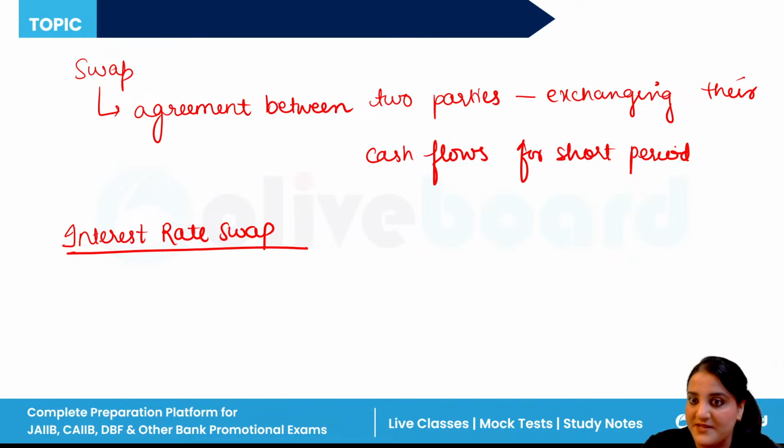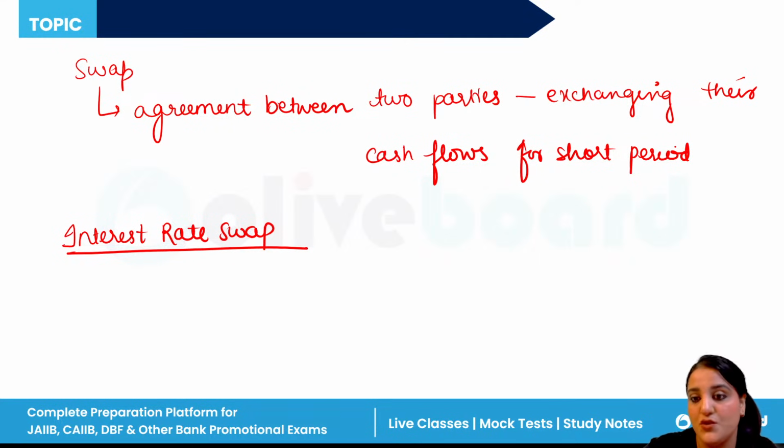There is no principal exchange, only the interest difference. It is generally used to hedge interest rate risk. Suppose a company is paying a floating rate but wants a fixed rate, so it will enter this interest rate swap and pay the fixed amount of interest and also receive the floating rate, right? So this is the interest rate swap.